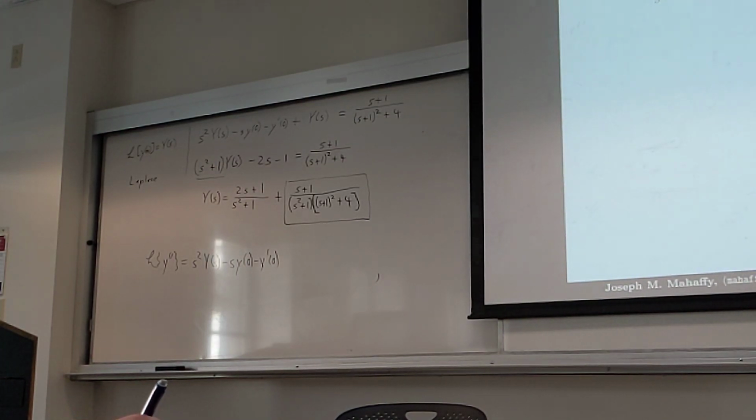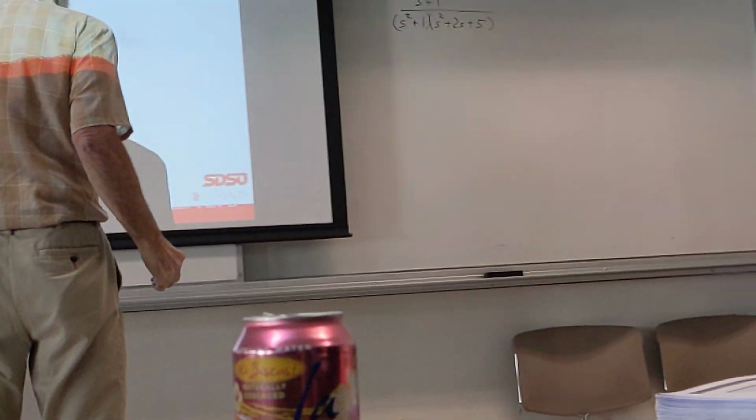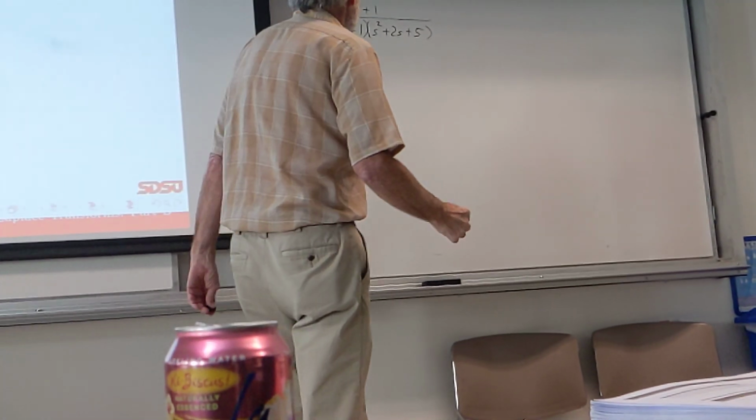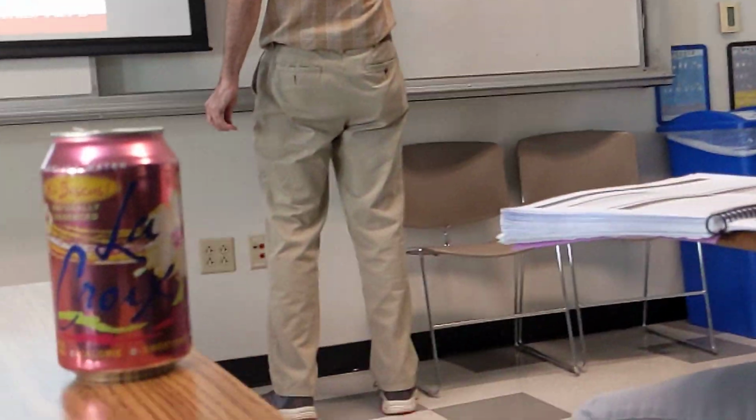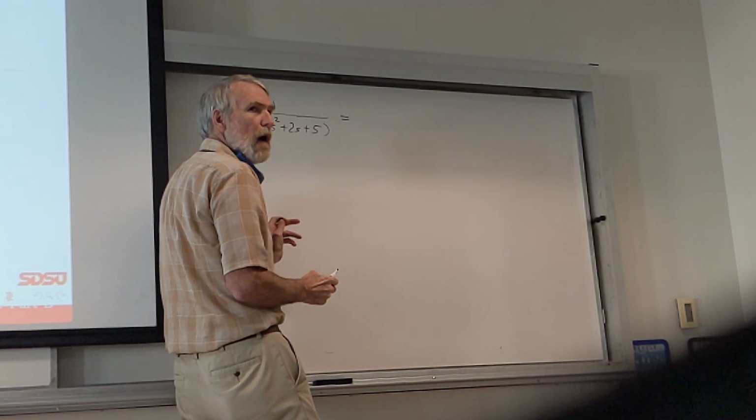So I've got this set up: s plus 1 divided by s squared plus 1. I'm going to go ahead and expand this at this point: s squared plus 2s plus 5. Is that right? Is that what I have? Yeah. Okay. So these are both irreducible, right?